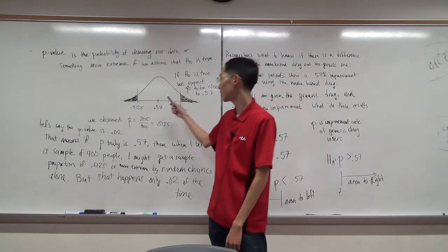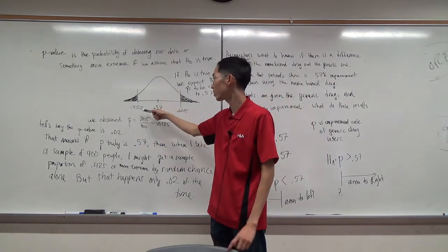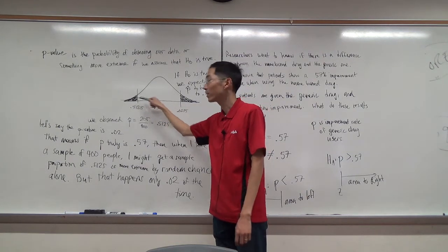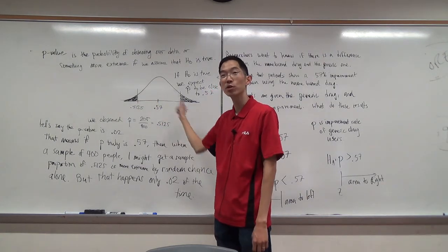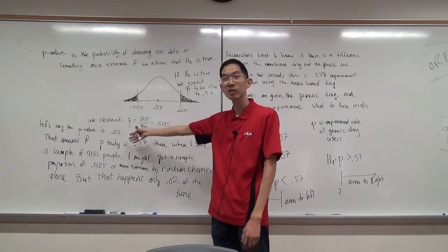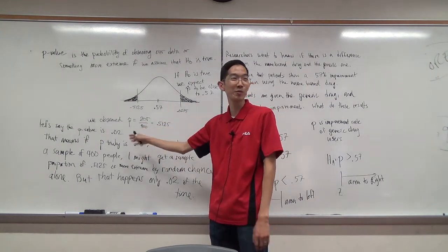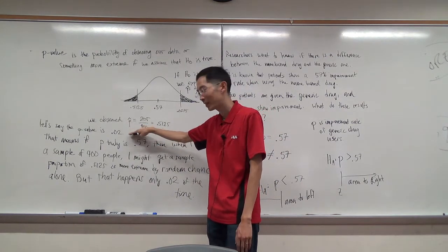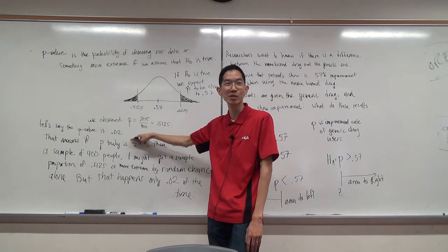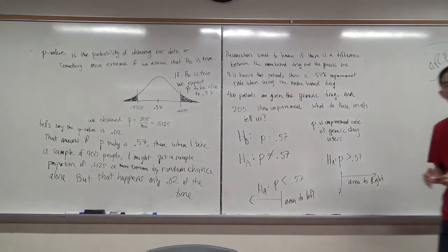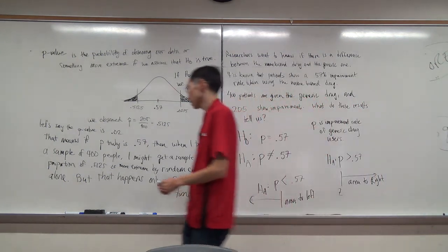Yeah, so to get my p-value, I found a z-score. I looked up the z-score in the table, and I found the tail area, and I added those two tail areas together. And that's my p-value, okay? But I just made this up, okay? So when you go through the math and you find out that it's not 0.02, don't be confused. I'm just trying to save time to illustrate the meaning of the p-value.